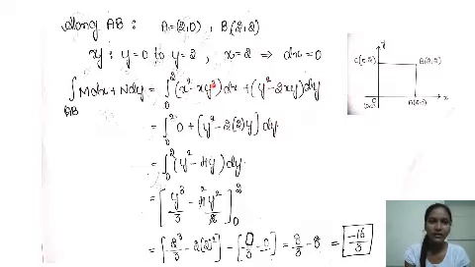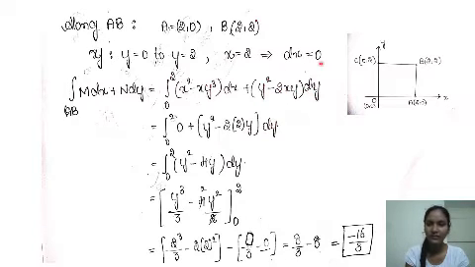AB: A is the point (2,0) and B is the point (2,2). Here x is constant and y is changing from 0 to 2. So x equals 2 and dx equals 0. The integral over AB of M dx plus N dy is equal to the integral from 0 to 2 of (x² − xy³) dx plus (y² − 2xy) dy.